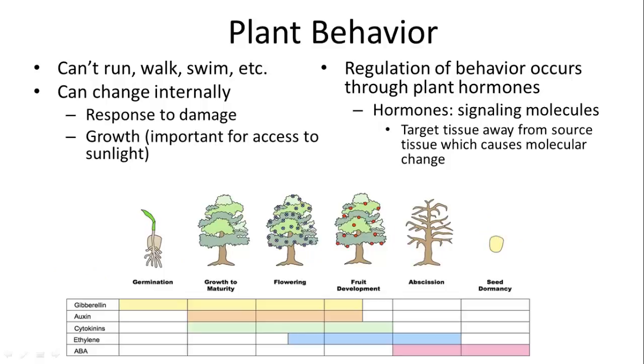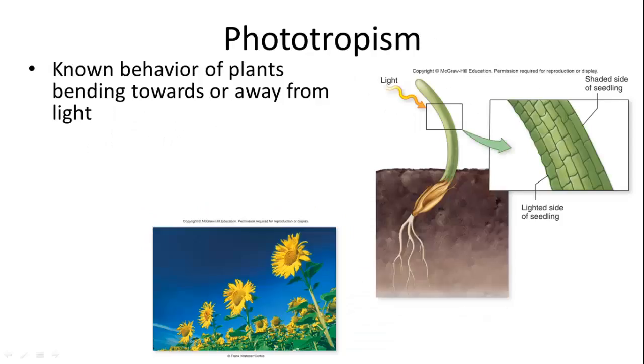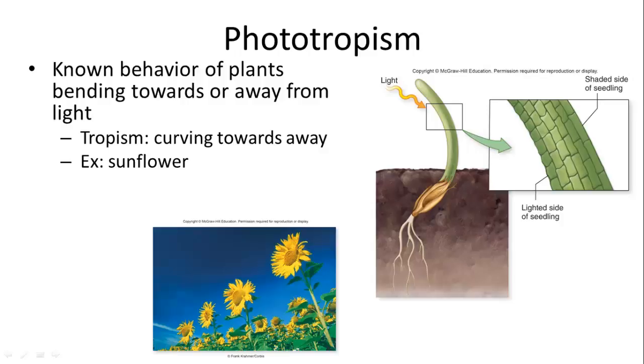One of these plant behaviors includes what's called phototropism, which is basically a response in the form of movement towards or away from light. Tropism then refers to the curving towards or away. An example of this is the sunflower.